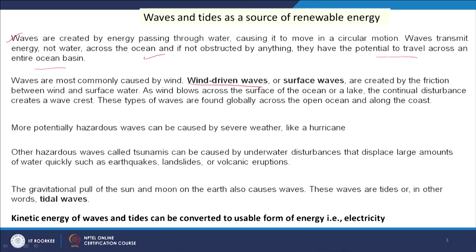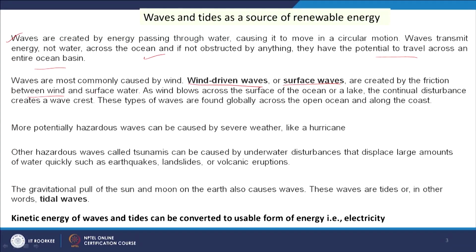So, if we see the nature of waves, waves may be of different types. One is wind driven waves or surface waves. These waves are basically generated due to the friction between the wind and the surface water.